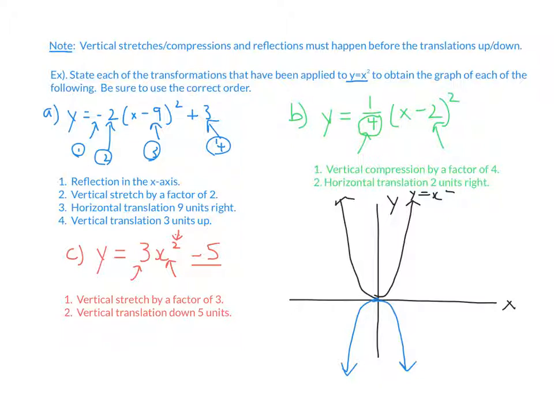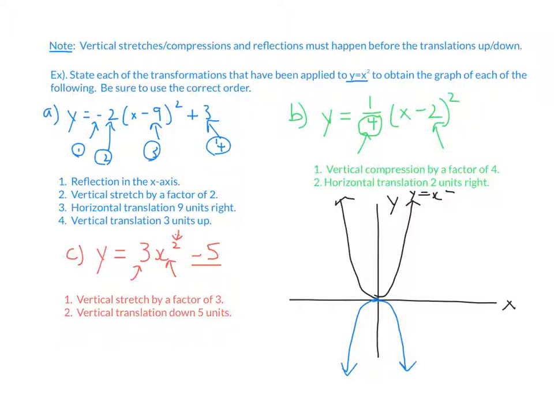And then I'm going to stretch it by a factor of 2. So what that means is it makes it skinnier. So in red, this would be my parabola stretched by a factor of 2. Really, I'm just taking all these y values, and they should be twice as far from the x-axis if I do that correctly. I might be out just a little bit there.